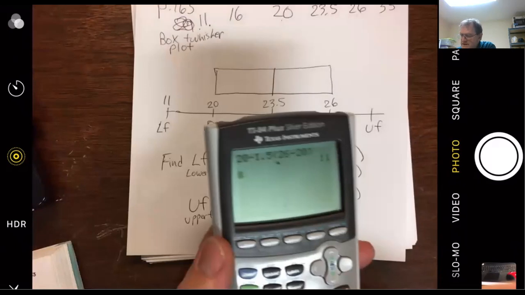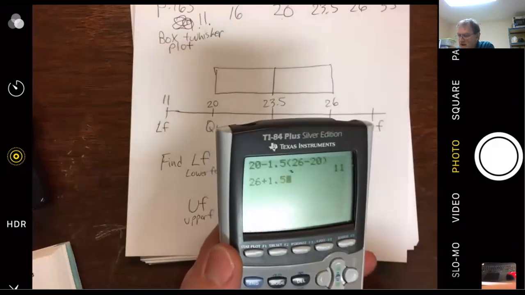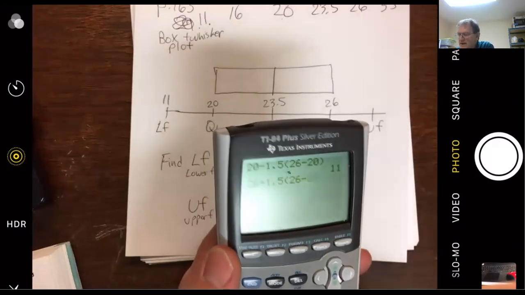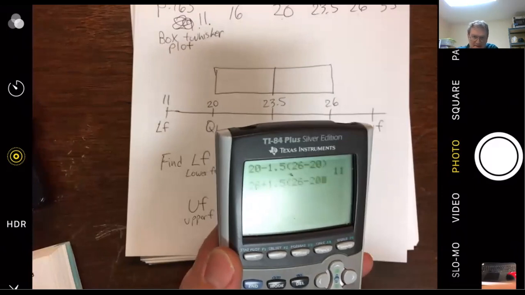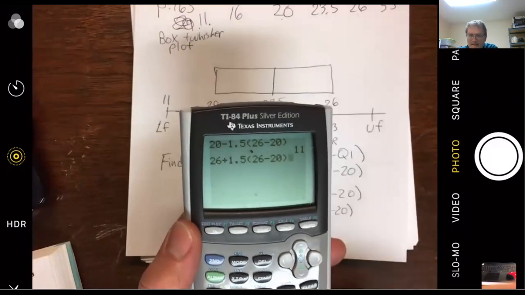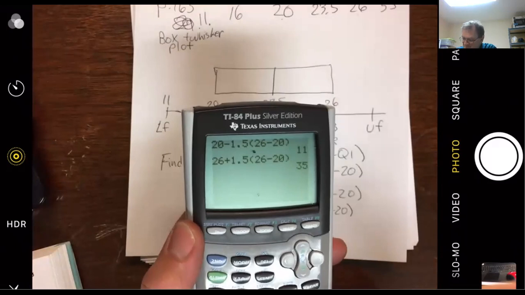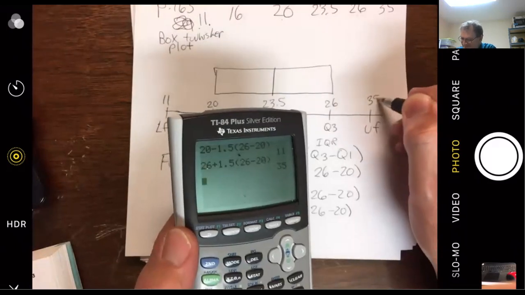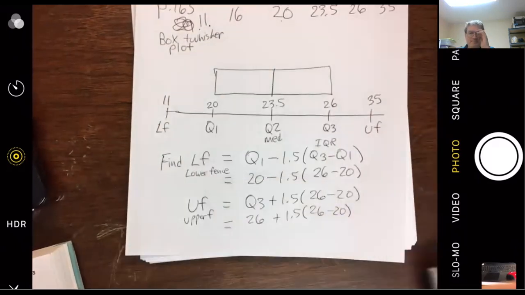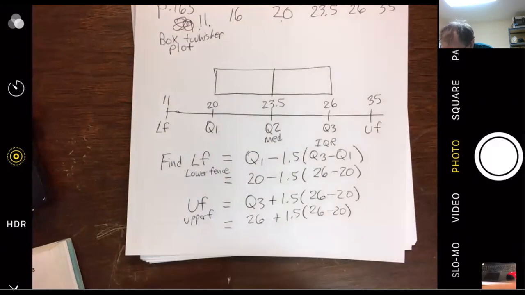So 26 add 1.5 times 26 minus 20. 35. All right, are we ready to draw our whiskers?